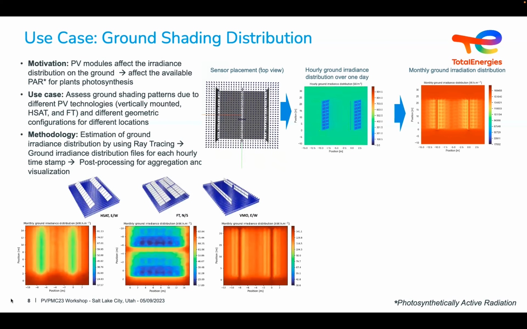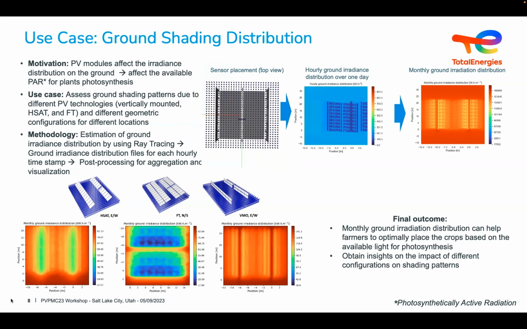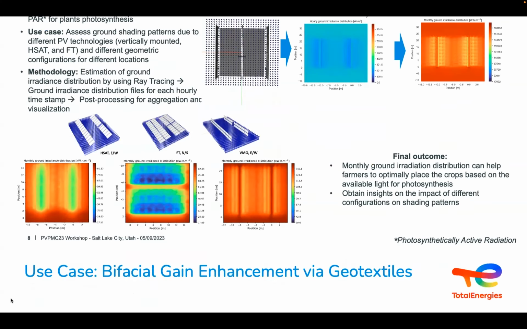This is just a comparative snapshot of monthly values for 3 different types of configurations. Why it is important is that, having this information for the monthly ground irradiance distribution, we can provide guidance to the farmers for the optimal placement of the crops based on the available light for photosynthesis, and in general obtain insights on the impact of different configurations on shading patterns.